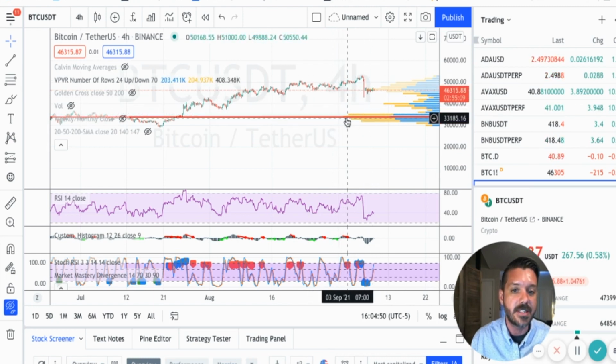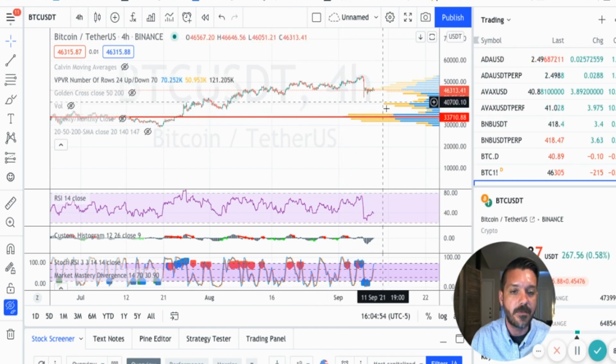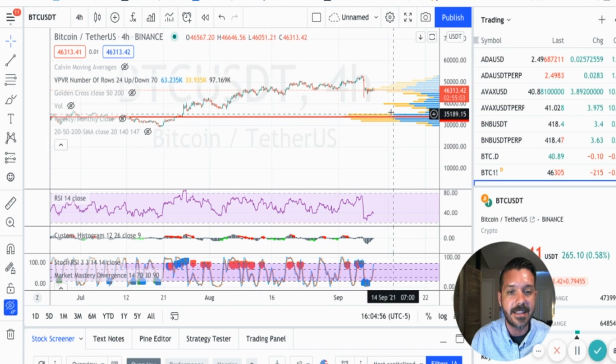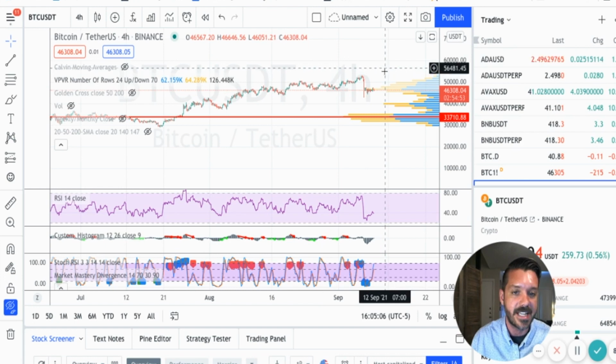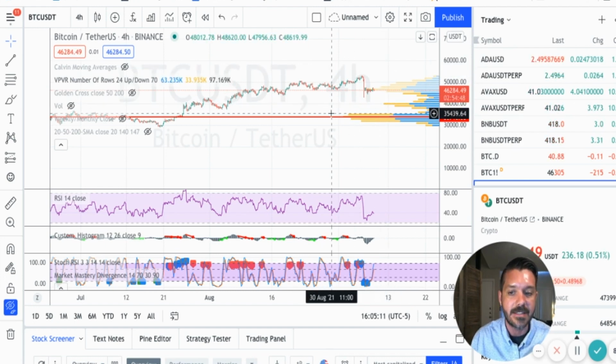So if price action is above the point of control, then if the price action fell, it's likely that this could create a point of support, and it could bounce off of this. If the point of control is above the price action, then that point of control is going to act as resistance. And so just something to keep in mind as you're looking at your trades.